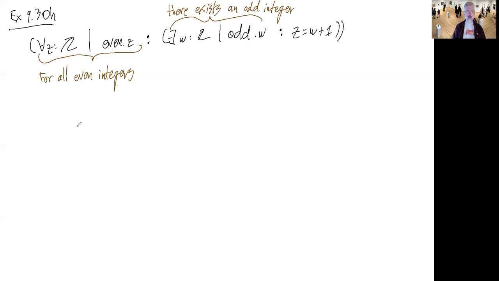Okay. And so we want to translate this. I'm going to actually start with a fairly brute force translation, and then we'll clean it up a little bit. So brute force.